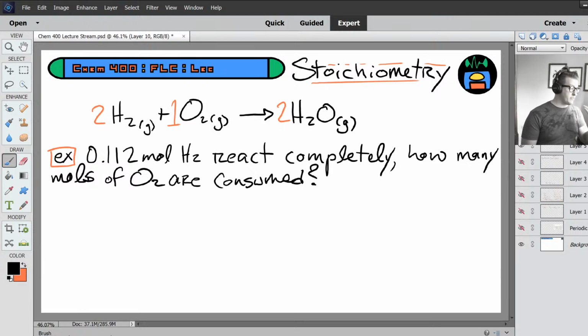And the way you solve this problem, you may be going, whoa, but oxygen's a reactant, not a product. It doesn't matter. The way you solve this problem is exactly the same as the way we solved the previous one.